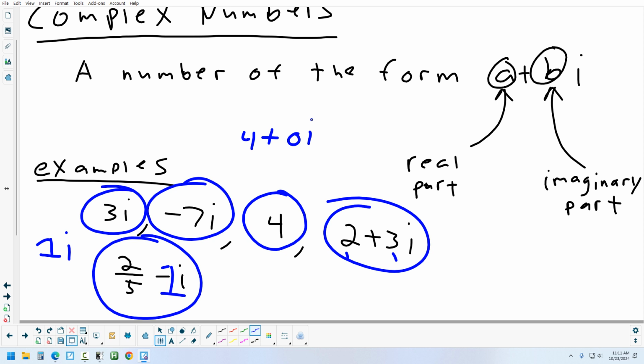Real part, imaginary part. So complex numbers are like the big category. Those include everything. And then from there, we break them down into real and imaginary. And then I think it was maybe the first week of school, I broke down real numbers for you into like rational, irrational, integers, counting numbers, things like that.